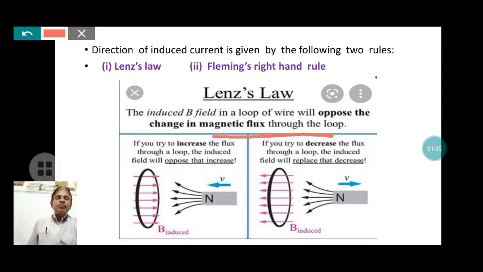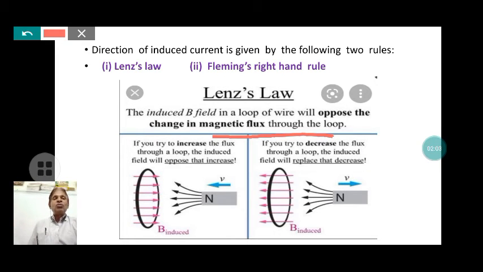When the magnet moves towards the coil or moves away from the coil, there will be a change of magnetic flux. When the magnet moves towards the coil, the magnetic flux increases. When it moves away from the coil, the magnetic flux decreases.